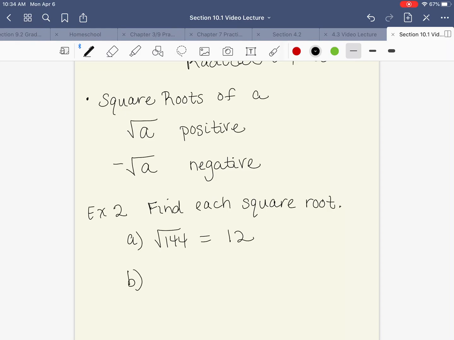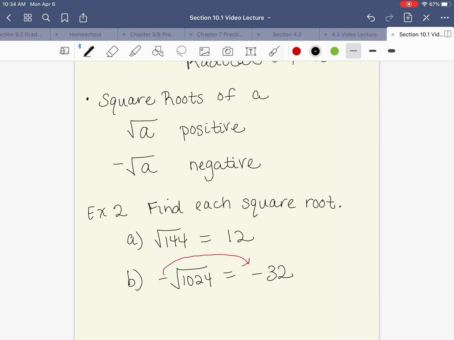But the negative square root of 1024 would give me a negative value, because you would just carry that negative over into your answer. So what times itself gives you 1024? It's 32. 32 times 32 is 1024.